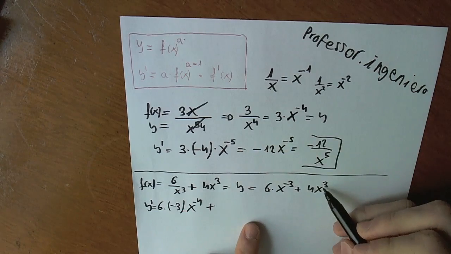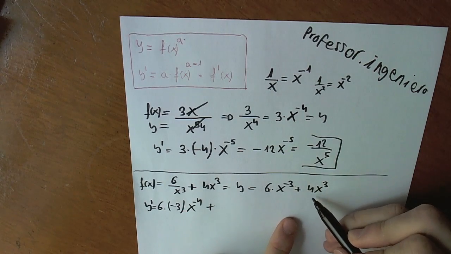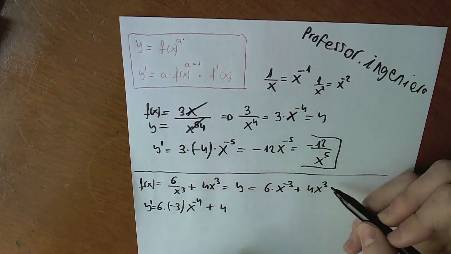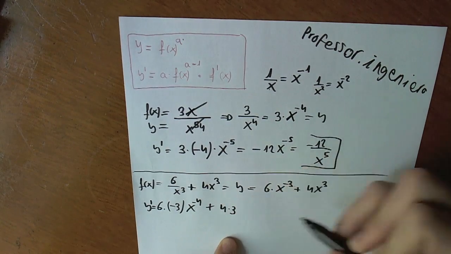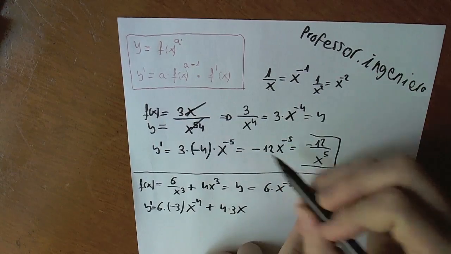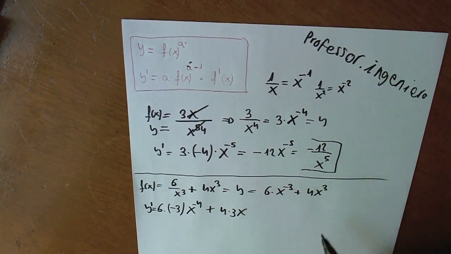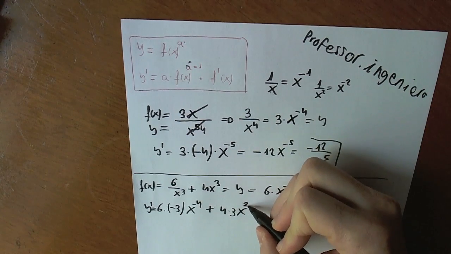Plus the derivative of this: the 3 goes down, the 4 is a constant, it remains like it was before, 4 multiplied by 3, x, and the power must be a minus 1. Here a is 3, so 3 minus 1 is 2.